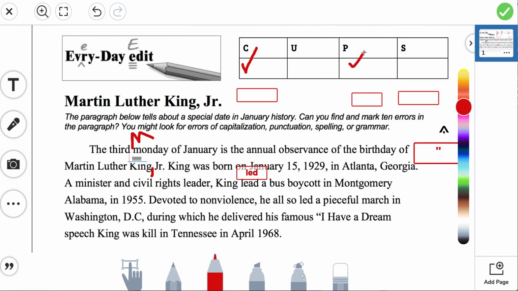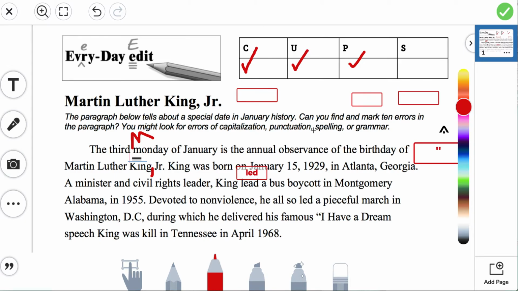So add a check mark in the P column. Then if we change the word lead to led, that's dealing with verb usage. It's changing the verb. When you lead someone, that's an action. We need to change it from lead to led.